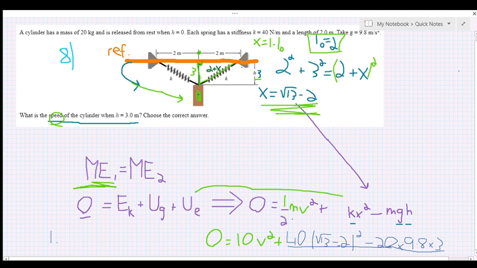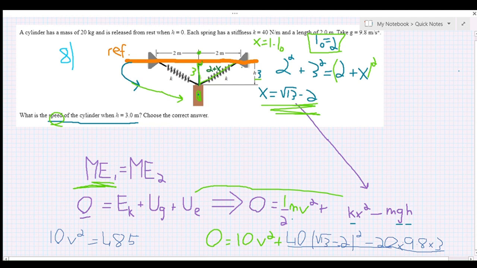And so 10v squared, I continued writing here on the left side, 10v squared is equal to 485.